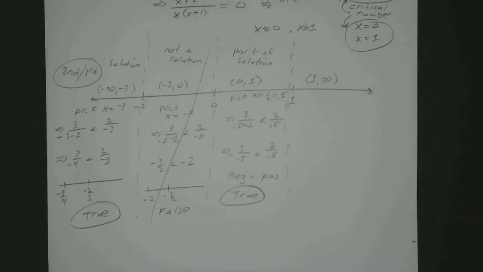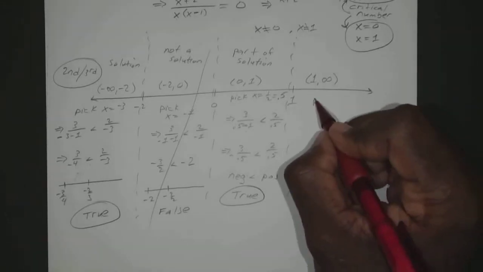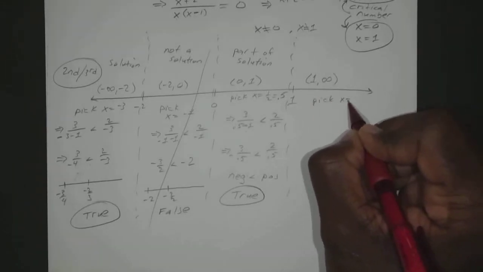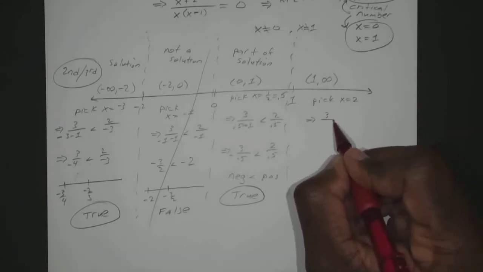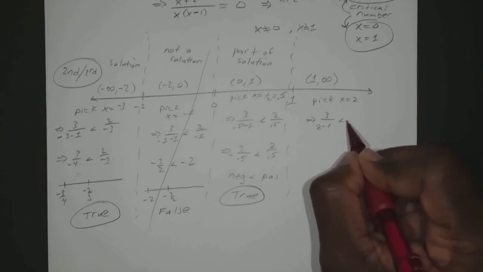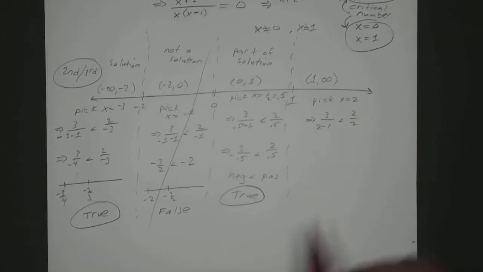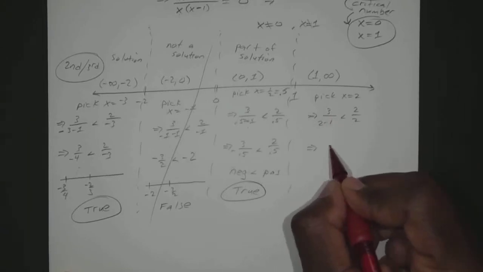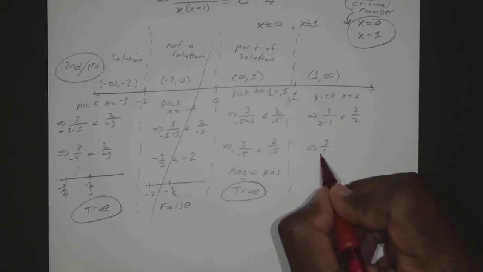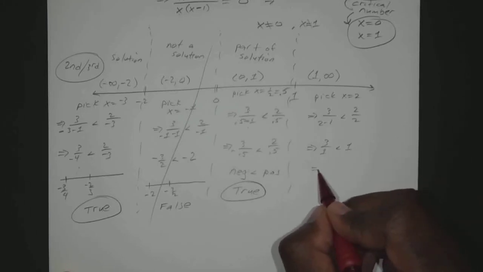Okay. And for 1 to infinity, you can pick x equals 2. Okay. So that gives us 3 over 2 minus 1 is less than 2 over 2. So that comes to 3 over 1 is less than 1.